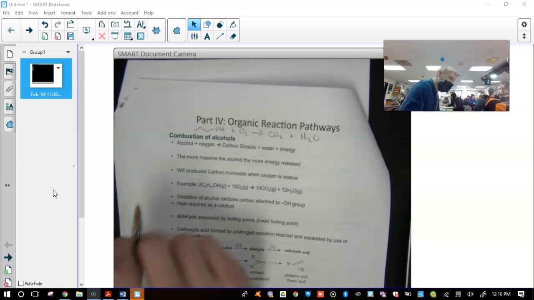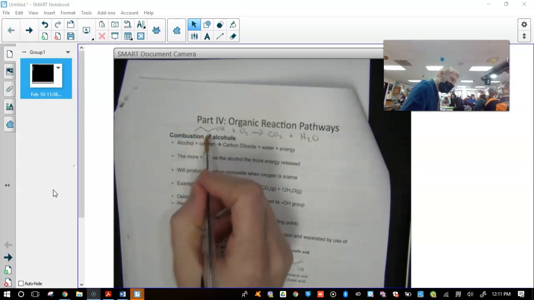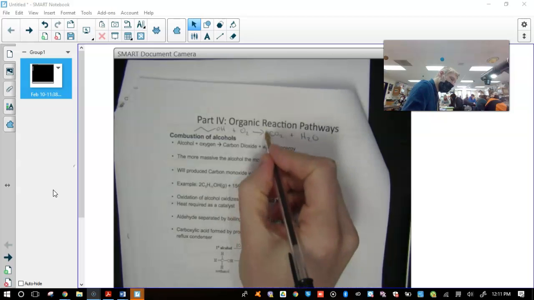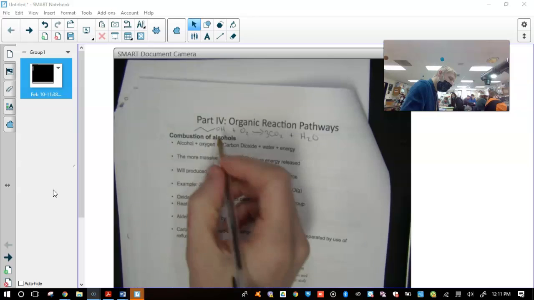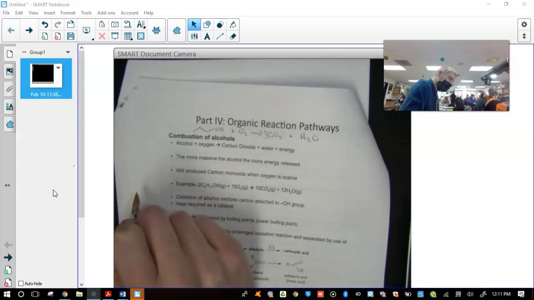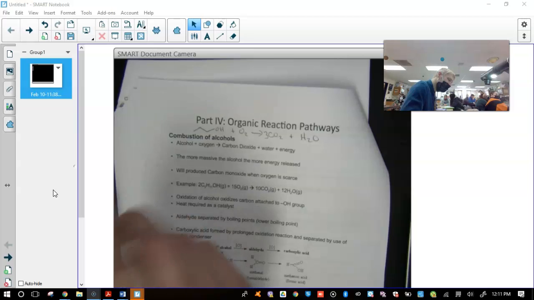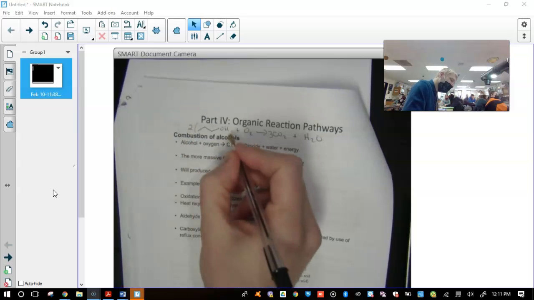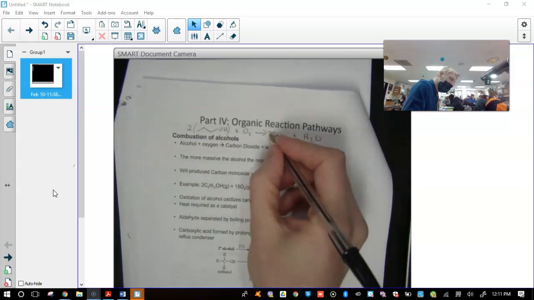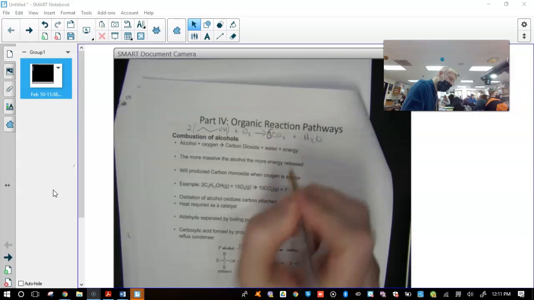I have 3 of these carbons, so I'm going to need a nice big 3 in front of the CO2. I've got 1 of these H's, so we'll have to put a 2. We need 2 of these, which means we're going to need 6 of those.